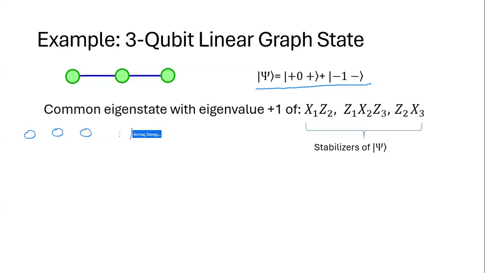So the state corresponding to this is given by just 3 qubits, each of them prepared in a plus state. Right, so that's how we start. That's the way we should start thinking about graph states: each dot represents a plus state. So here we have just 3 plus states: qubit 1, qubit 2, qubit 3.